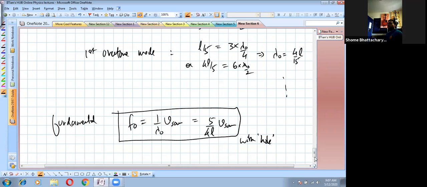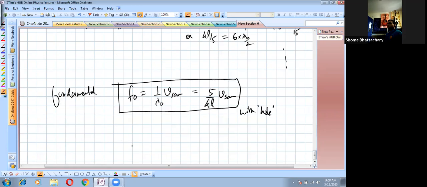And the original fundamental frequency is just 1 by 4L into speed of sound. That is the original closed organ pipe.